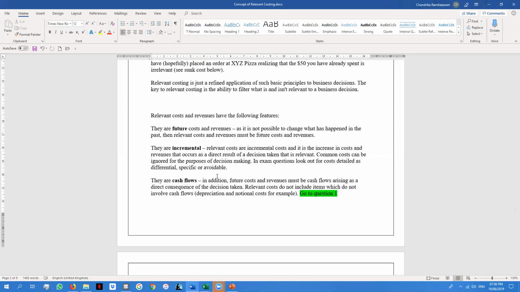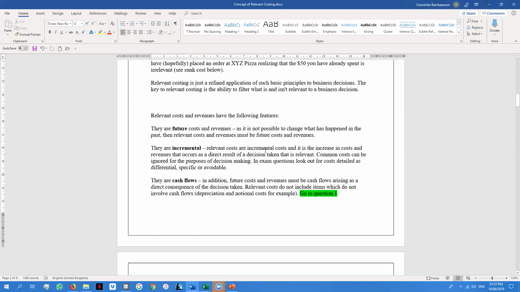Now, we will take a look at question 1 in a minute, but before that, one of the things that I will go on to explain to you in this handout is how do we determine whether material costs are relevant and labor costs are relevant and overheads are relevant and so forth. But before we go to question 1, this second point is quite a good one.